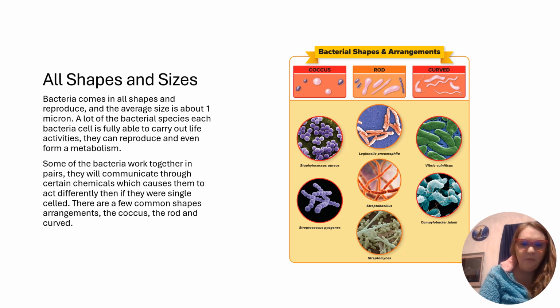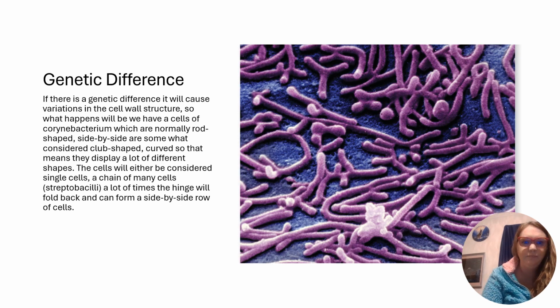There are a few common shapes and arrangements: the coccus, the rod, and the curve, which is demonstrated on the diagram. Genetic differences: if there is a genetic difference, it will cause variation in the cell wall structure.